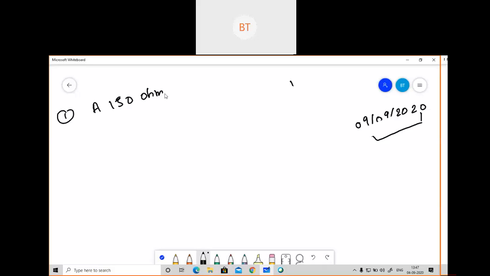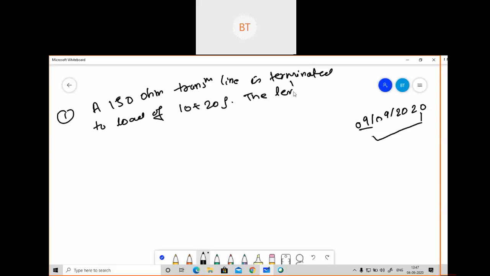For revision purposes, I'm writing here: a 150 ohm transmission line is terminated to a load of... So please write these questions, and you need to submit it by the 9th. Find the reflection coefficient.